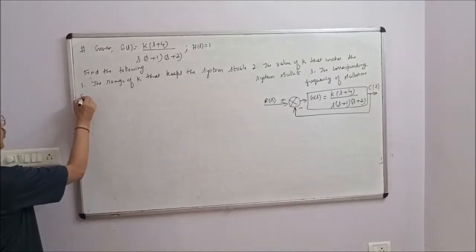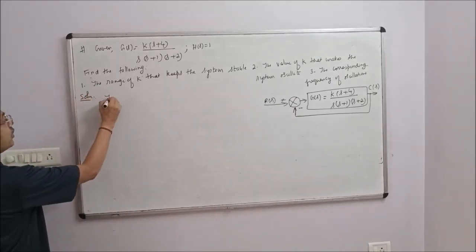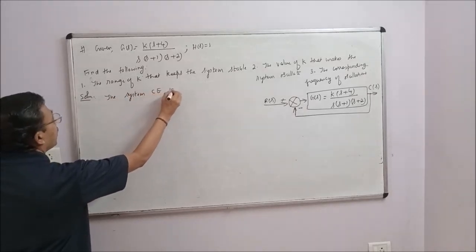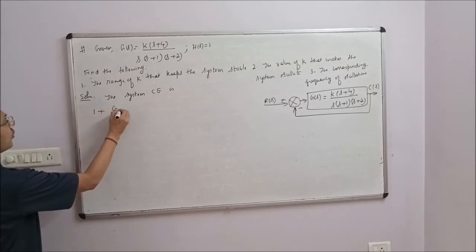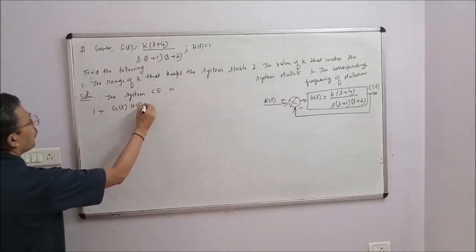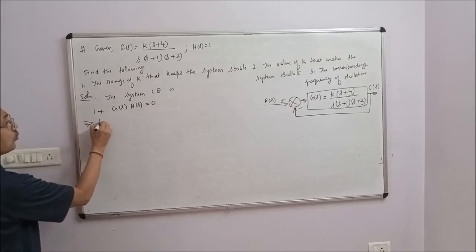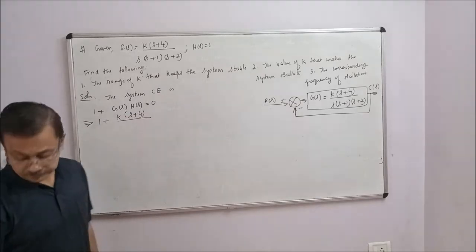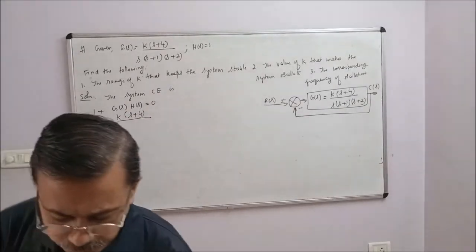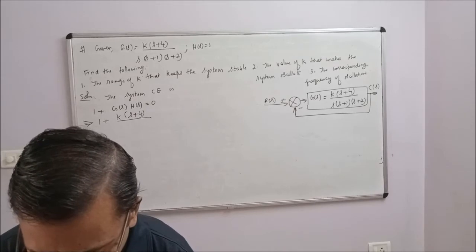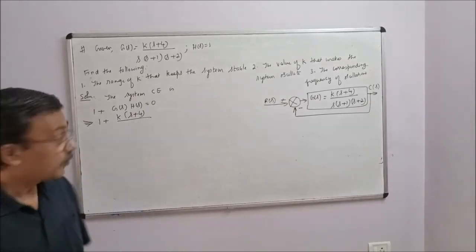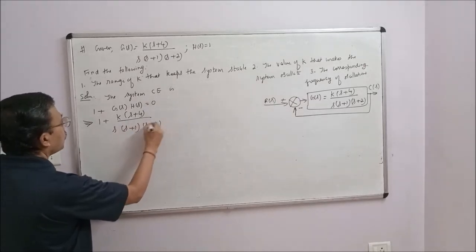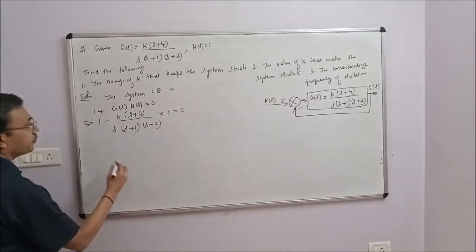First step is to find the characteristic equation. The system characteristic equation is 1 + G(s)H(s) = 0. This implies 1 + K(s+4) divided by s(s+1)(s+2) into 1 equals 0.